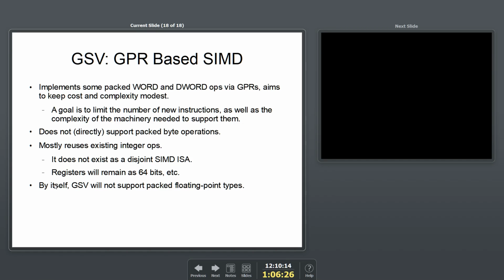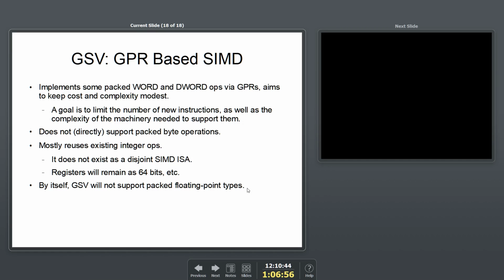And by itself, GSV will not support packed floating point types. Similarly, yeah, it is possible to sort of do packed floating point via the GFP extend, or like instructions and stuff.